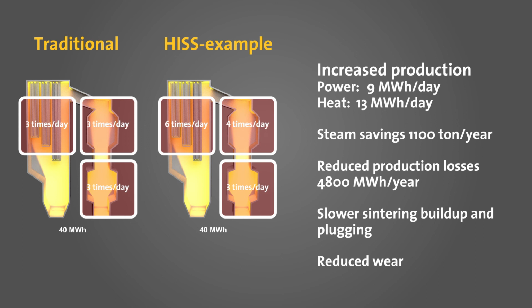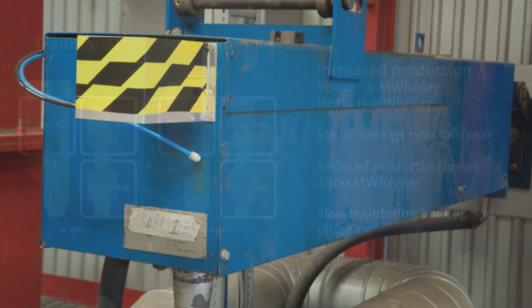On an annual basis, the steam savings amount to 1,100 tons, and reduced production losses is 4,800 megawatt-hours. The sintering rate and plugging risk are reduced, together with the soot blowing induced wear on the boiler.